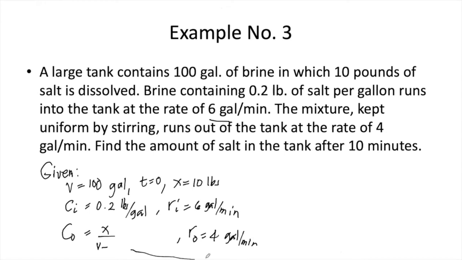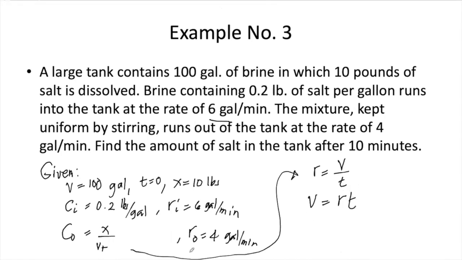Now for the concentration out, let's recall that the flow rate is equal to volume over time. If we are asked to solve for the volume, what volume will we add or subtract? Minus or plus? Since your flow rate out is lower, of course you add. It depends on the difference. So here, volume will be equal to the flow rate times time.